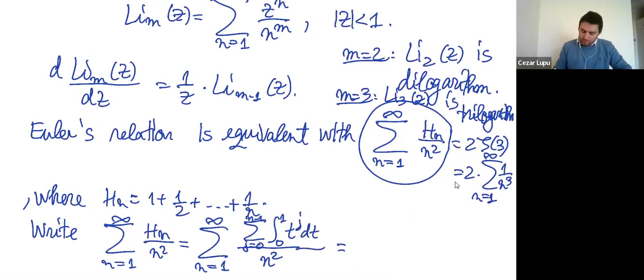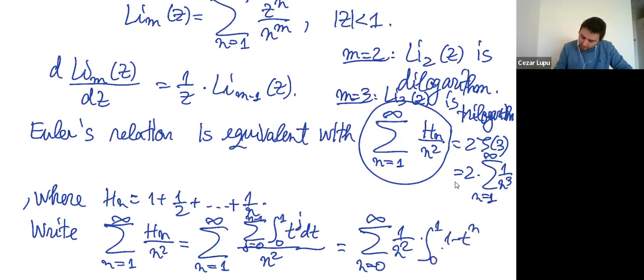And now, like we have a geometric series, this will be nothing else than just the integral from 0 to 1 of (1 minus t to the n) over (1 minus t).